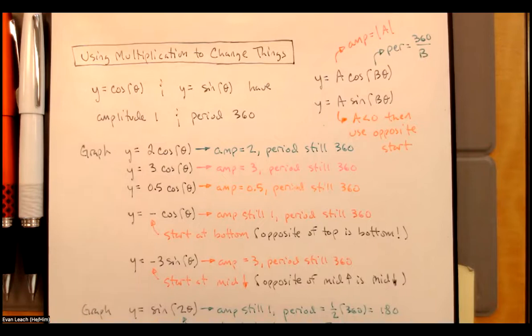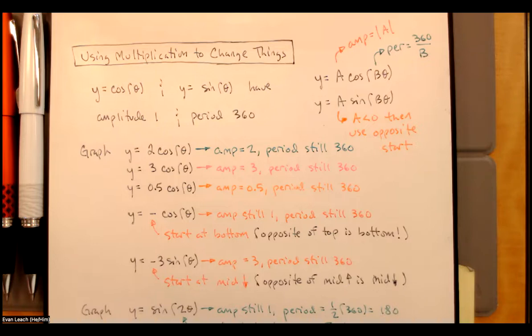The number part will tell you the amplitude. And if the coefficient of the trig function is negative, then you're going to use the opposite start. Any questions?